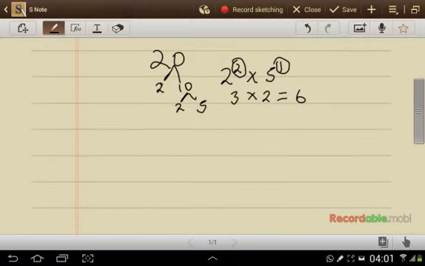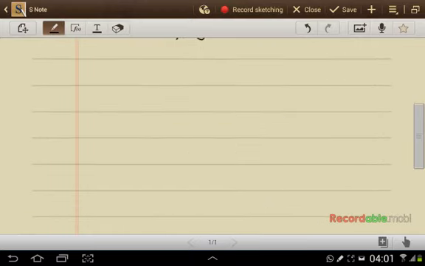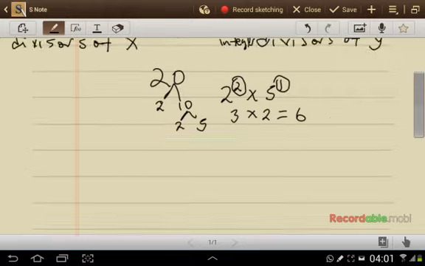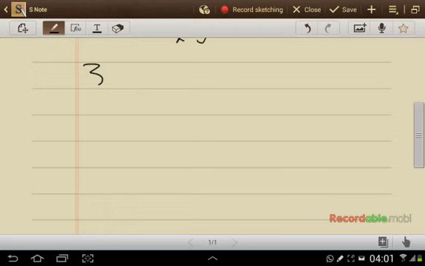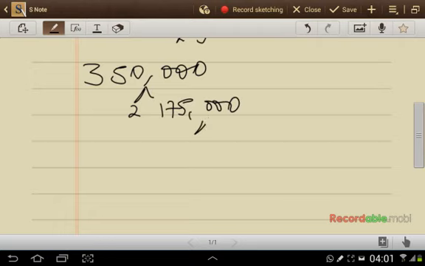So if I move way down and I write, let me take a look again, 350,000. Now if you're going to use your basic school approach, don't start with 2. This is going to be 175,000. It's going to be so messy.